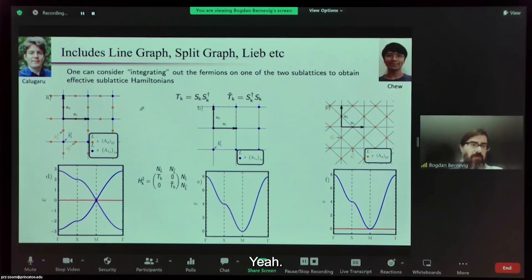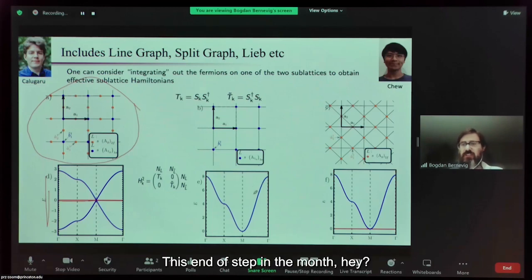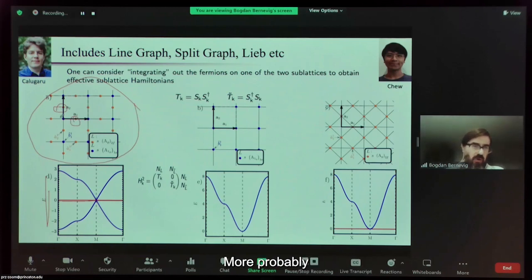So, for example, if you take the Lieb lattice, this is really a chirally symmetric Lieb lattice. You see the spectrum is chirally symmetric. You get this zero flat band. Okay? But then, what you can do is put a chemical potential either on these sites, which goes to infinity, or on this side, which goes to infinity.